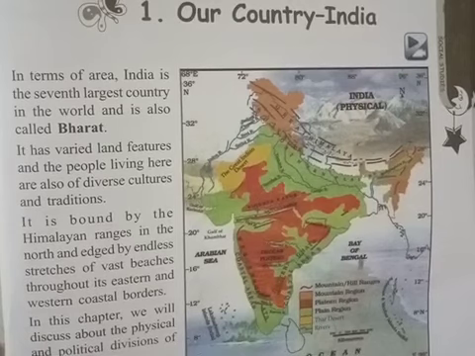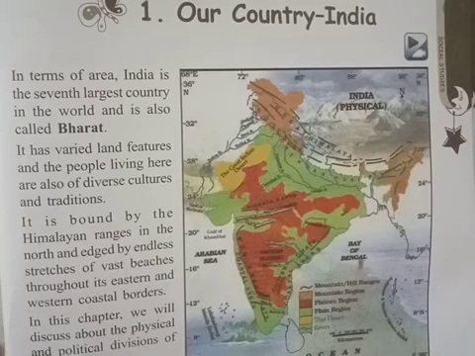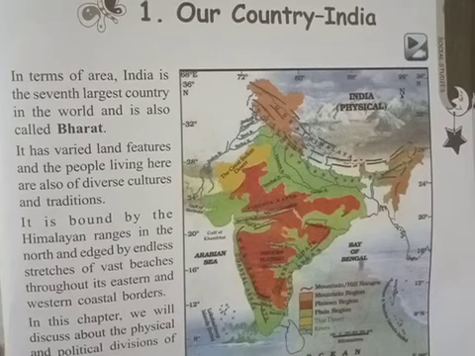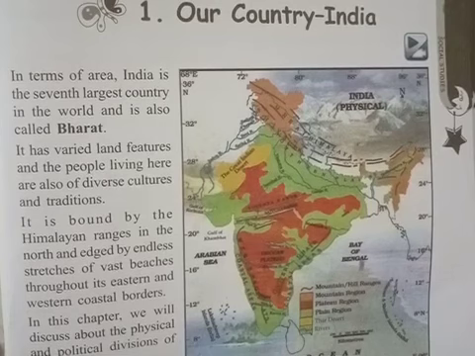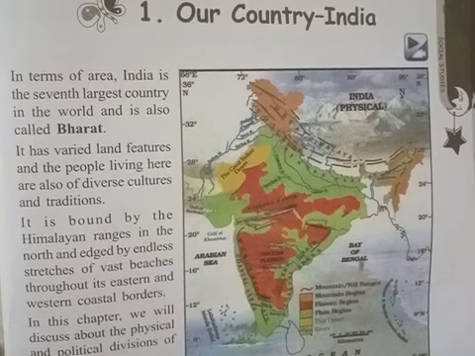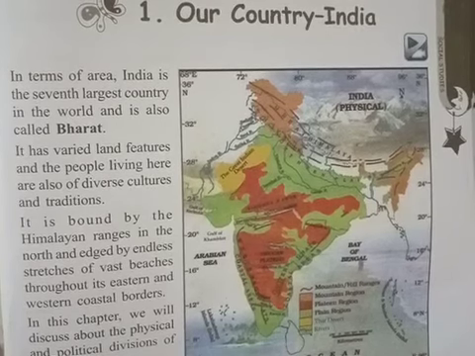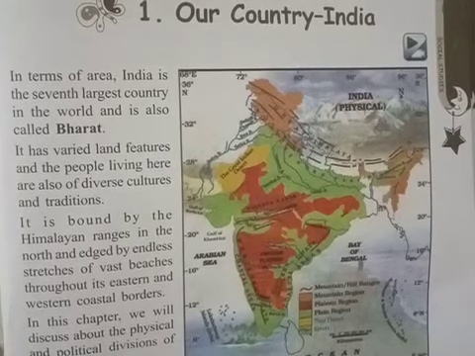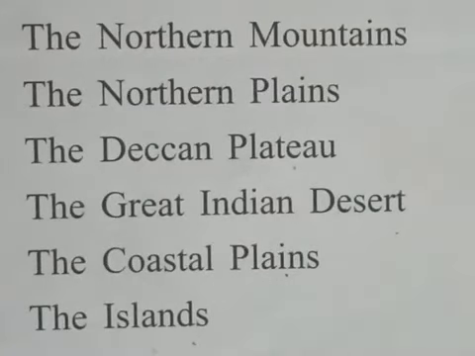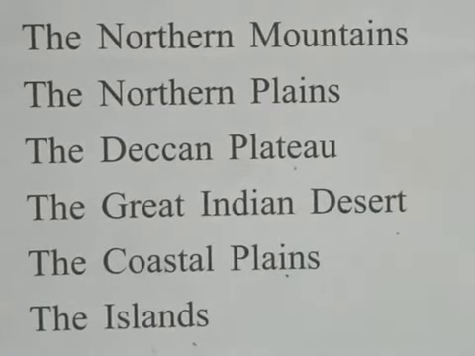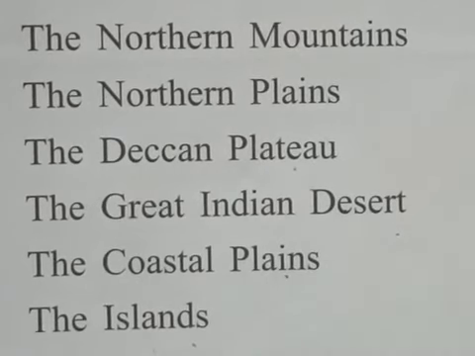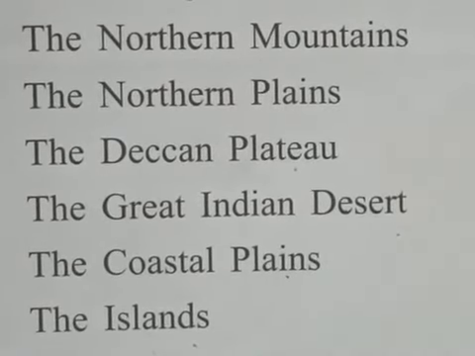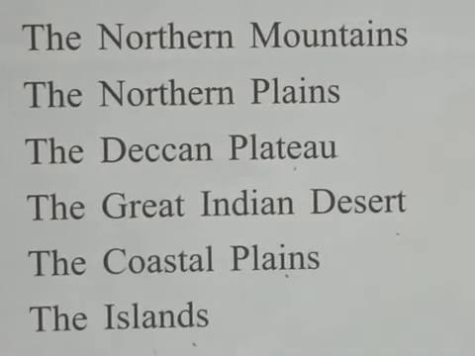As we had studied about the physical, geographical and political division of India. Have you remembered what had been studied in physical, geographical features of India? Yes, we had studied the northern plains, northern mountains, the islands and rivers. Think, how many major geographical features of India do we have?